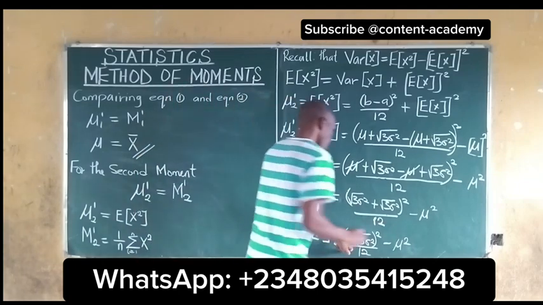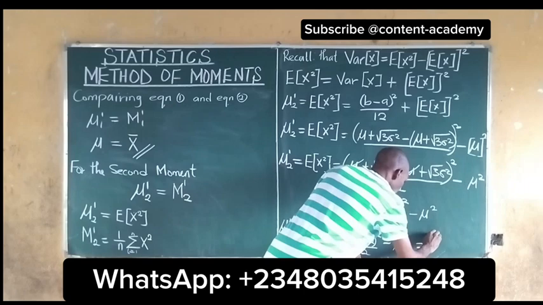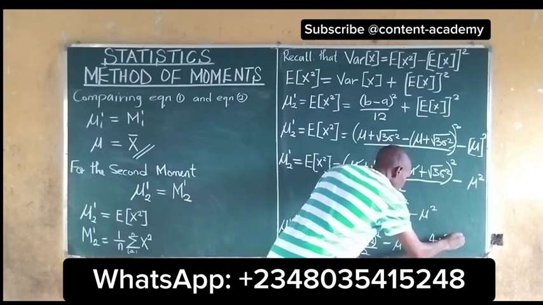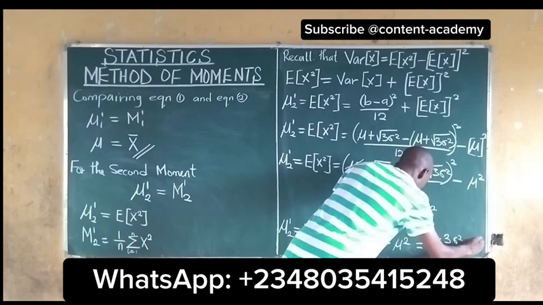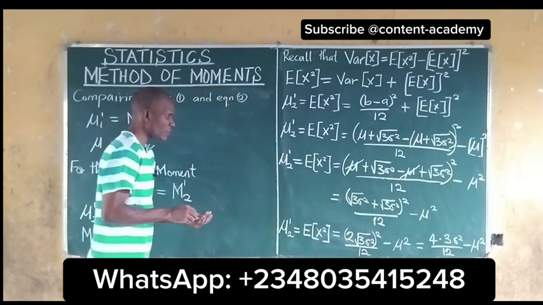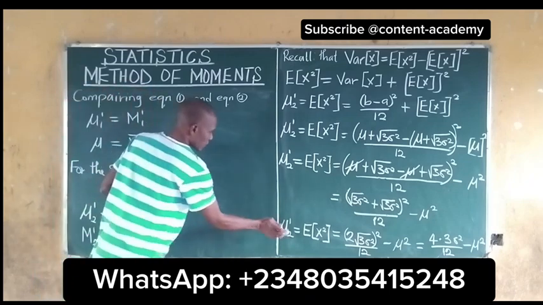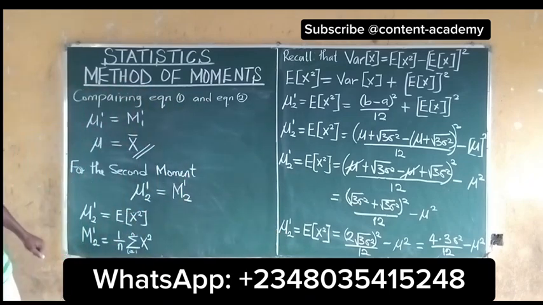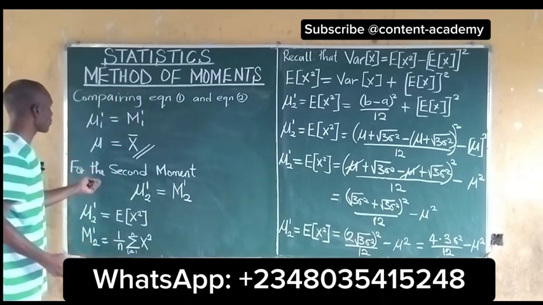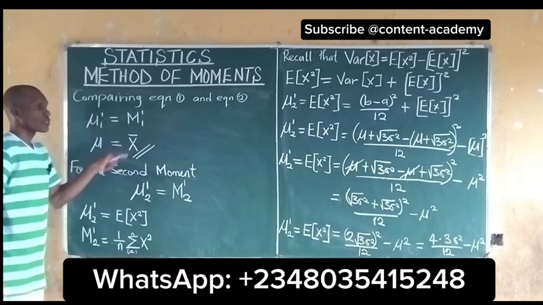Now we'll have to open this, which is the same thing as 4 multiplied by 3 sigma squared all over 12 minus mu squared. So this is what we get. We'll move over to this other side so that we can obtain the population mean for the second moment. So we'll move over to this side, but we should note that our mean for the first moment is equal to x bar.